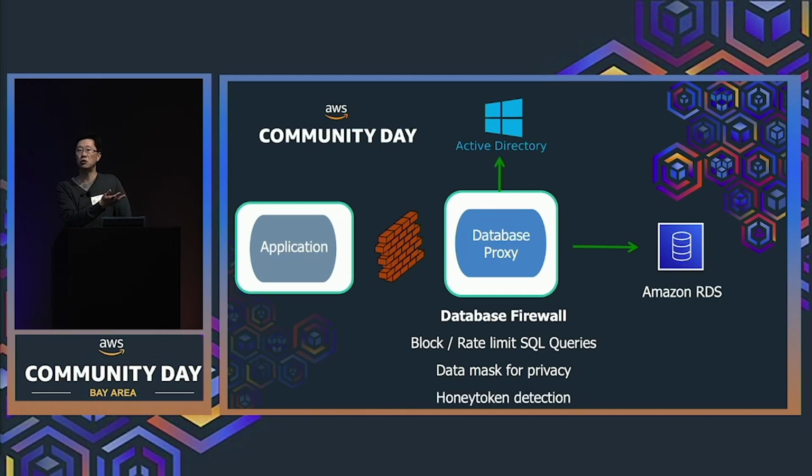It will get those group memberships and roles from Active Directory. So the IT or the InfoSec team has already predefined the username and password and the group membership. The proxy is just going to get that information, authenticate, understand their group role, and give them Amazon RDS access based on their group membership. Okay?